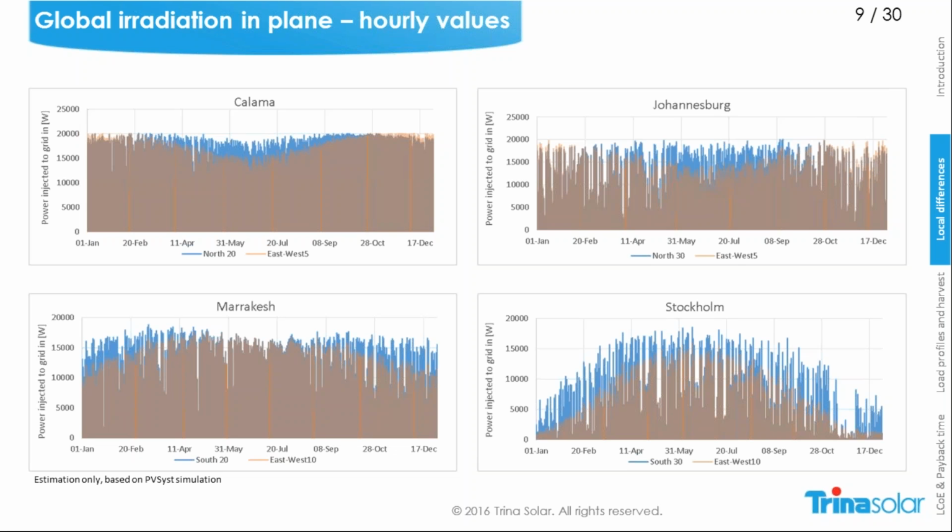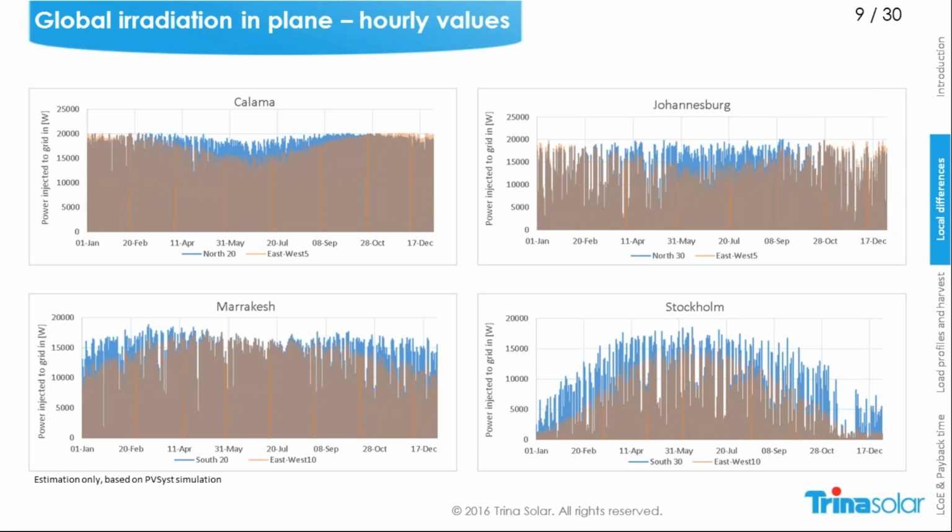That means the energy harvest for an east-west system is low, and at least the levelized cost of energy will increase dramatically. And also in terms of improving the capacity, there's the question, does it really make sense, or is it only to equalize the differences between the south-orientated and the east-west system?